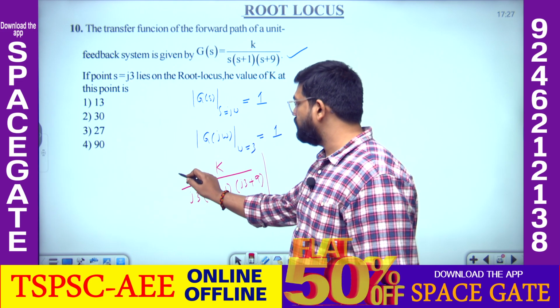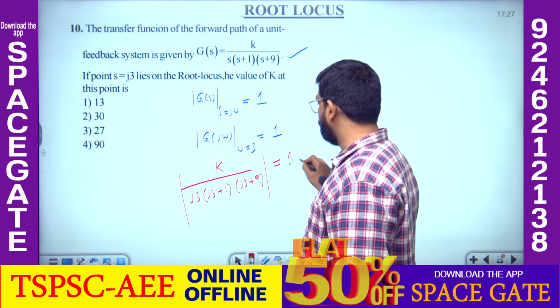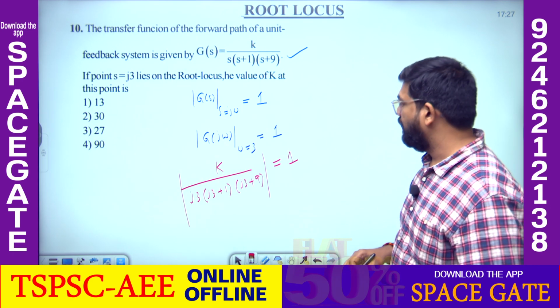So if this magnitude is equal to 1, then we will get the system gain K.